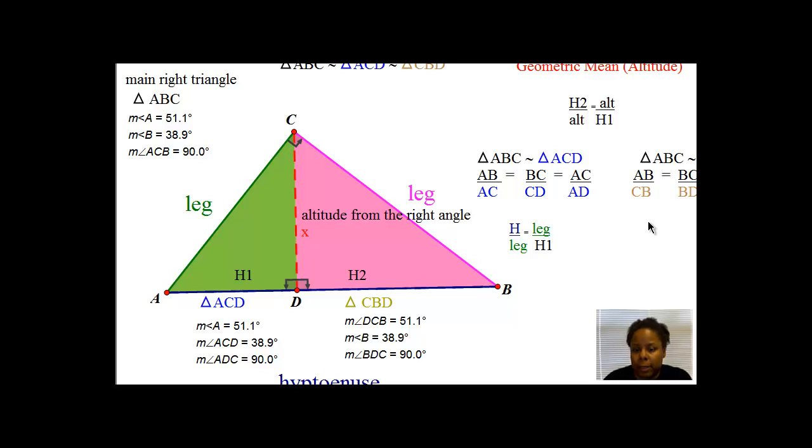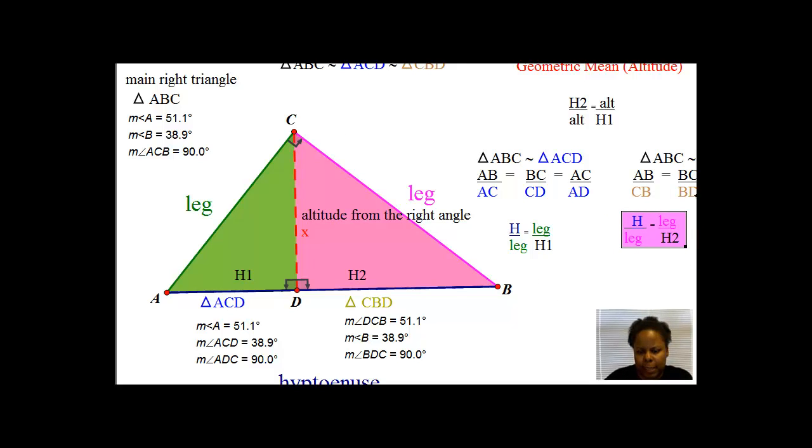If you said you do see it, you have BC and CB here, and we know CB is the same length as BC. So here's another geometric mean relationship where AB again represents the hypotenuse, but BC or CB represents the other leg of the main triangle.